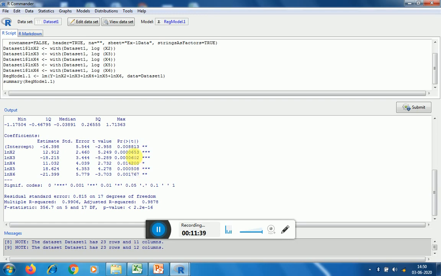Almost all the values are less than 0.05, so all are significant at 5% or 1% level of significance. Here your multiple R squared is 99.06, F statistic is 356.7, p value is again low, so all the goodness of fit criteria are fulfilled.